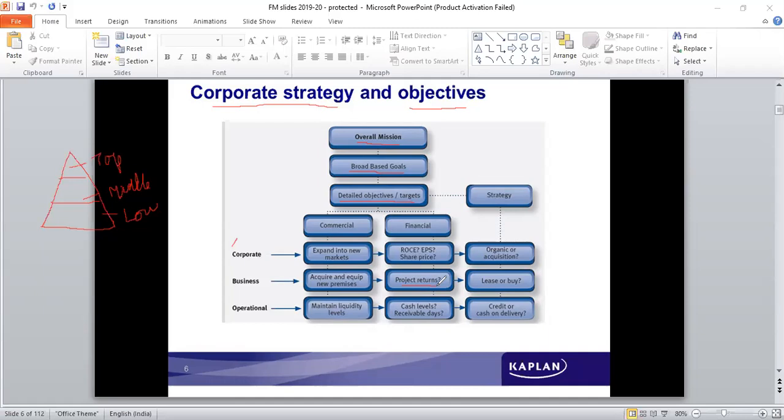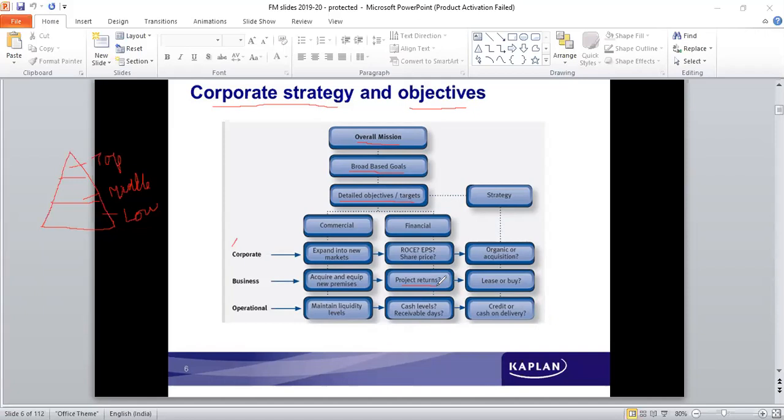So in case of commercial, they maintain liquidity levels, ensuring that a sufficient amount of cash is available all the time to meet their requirements in terms of making payments to outsiders, and also for day to day activities. So the financial part of it also, they are more concerned about the cash levels, the receivables, and all.